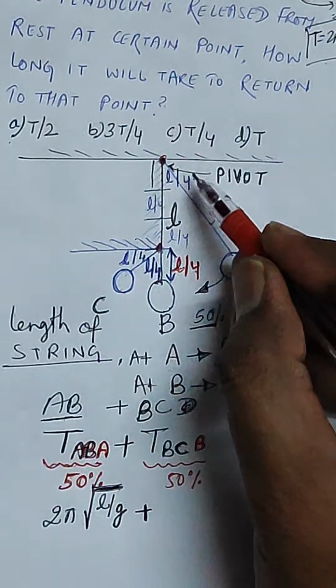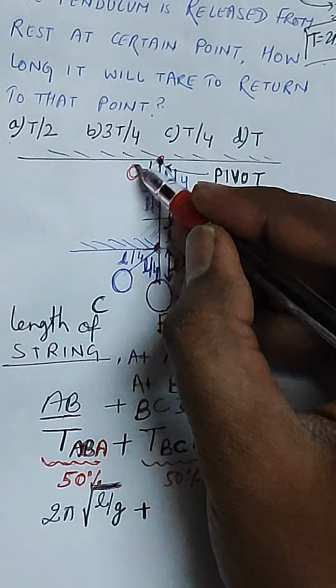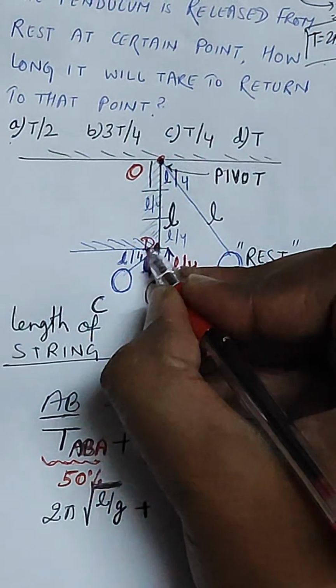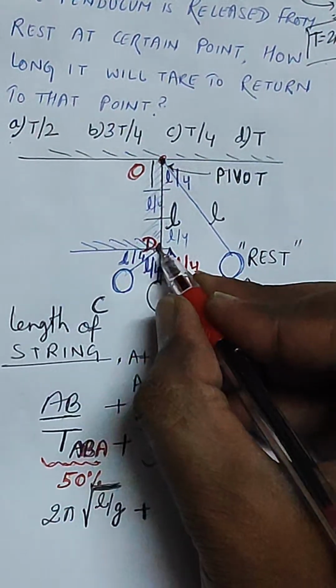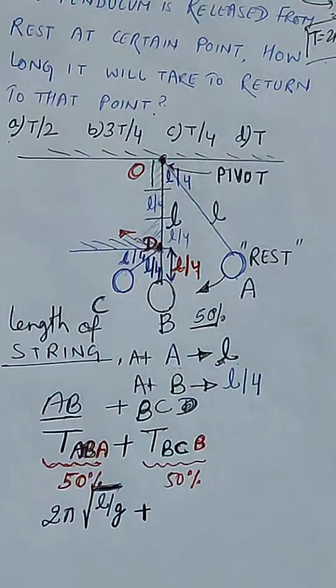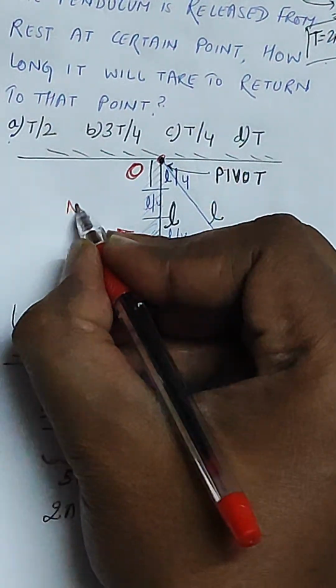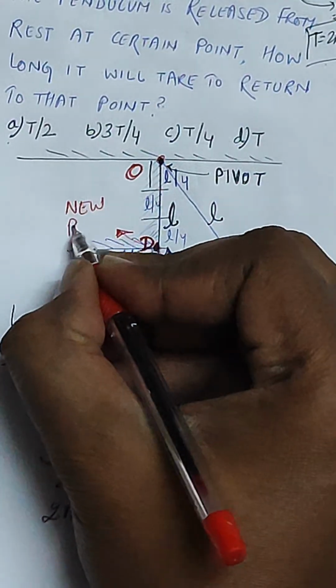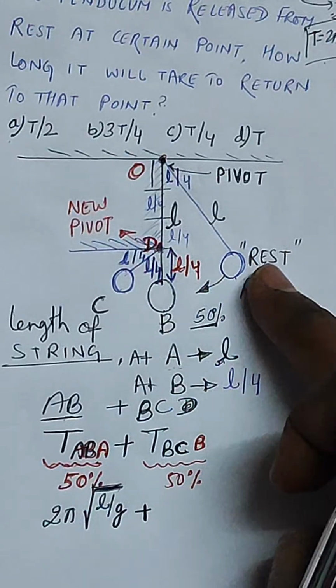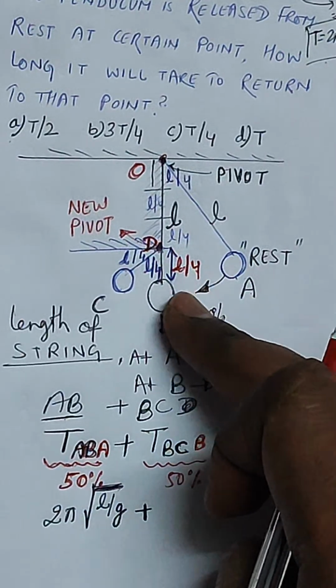So earlier the pivot was at point O, let us say. Now the pivot is at point D. This is the new pivot, because for 50% the pendulum will swing like this.